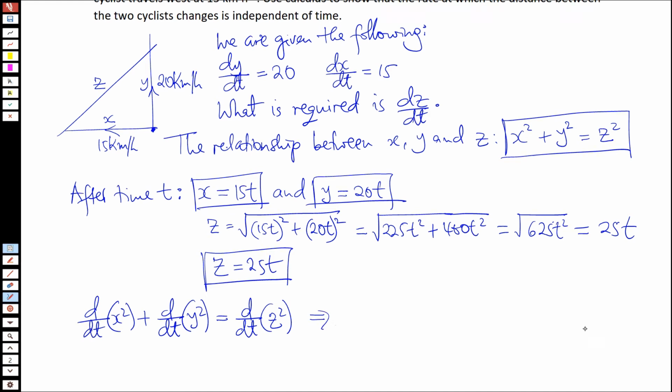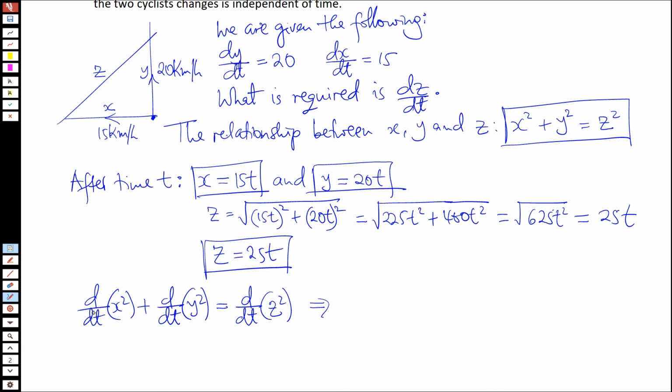One thing is that because you're differentiating with respect to t, we'll have to use the chain rule. The derivative of a function squared will mean that we'll have 2x, and the d over dt of x will be dx over dt. The same thing applies here, so we'll have 2y dy over dt, and here, same thing, 2z dz over dt.